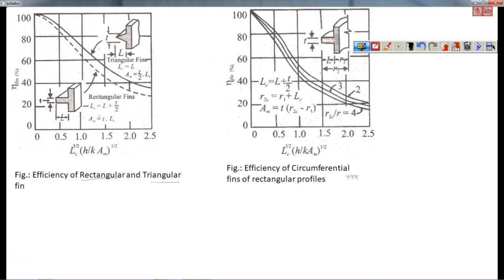How do you calculate the efficiency values for the rectangular and triangular configurations? I will talk about the step by step procedure.